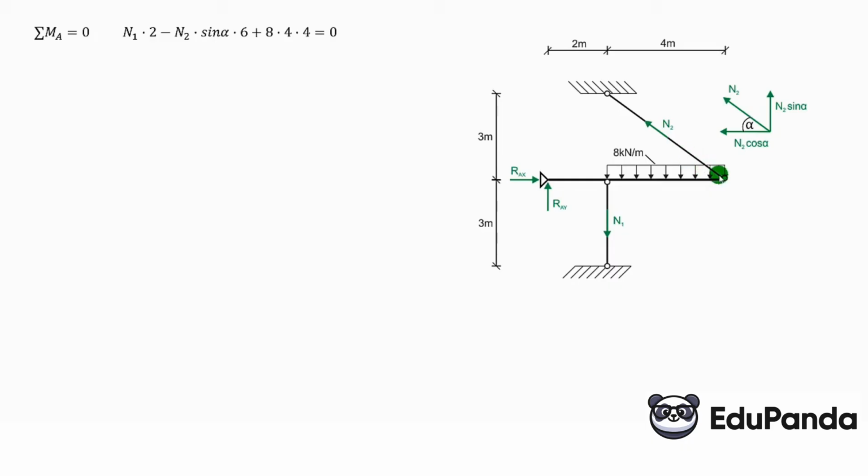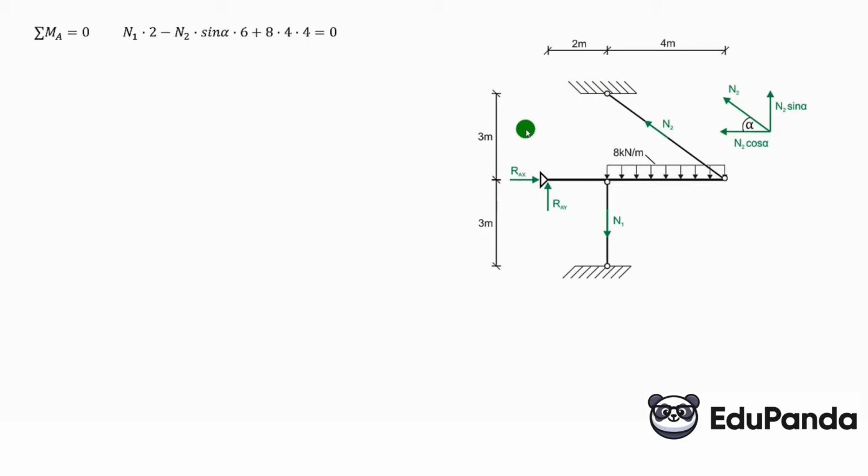We can do that, and then its direction of action, this horizontal component, N2 times cosine alpha, passes through the pole of the moment, meaning this component doesn't act on any arm, so it doesn't produce a moment. Then only this vertical component N2 times sine alpha acts over the whole arm of 6 meters. And so we are considering it, and it rotates negatively.